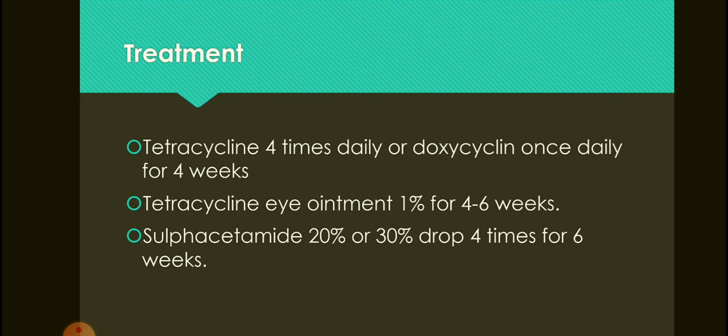First of all, tetracycline eye ointment 4 times daily, or doxycycline once daily for 4 weeks. Tetracycline was the systemic drug, and the second one is the eye ointment, that is 1% for 4 to 6 weeks.